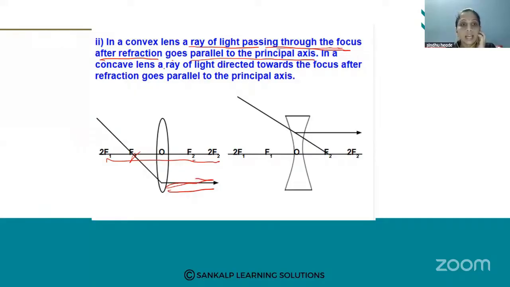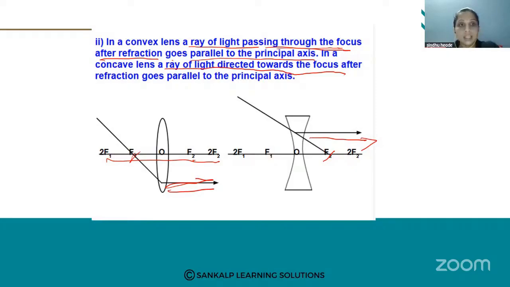In a concave lens, a ray of light directed towards the focus, after refraction goes parallel to the principal axis. After refraction, in both cases, it goes parallel to the principal axis. This is the second rule.